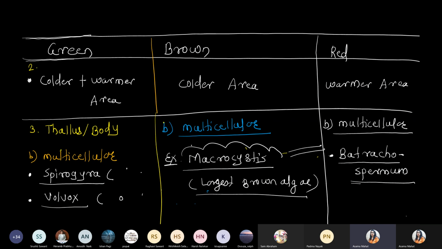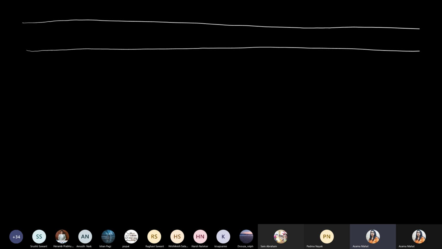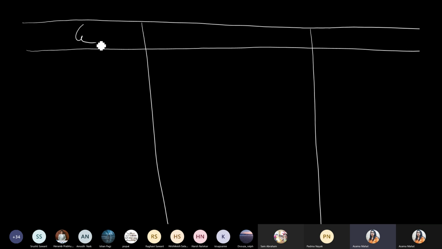Okay, chalo. So now the fourth point, structure. Divide the page into 3 sections, that is green algae, brown algae, and red algae.